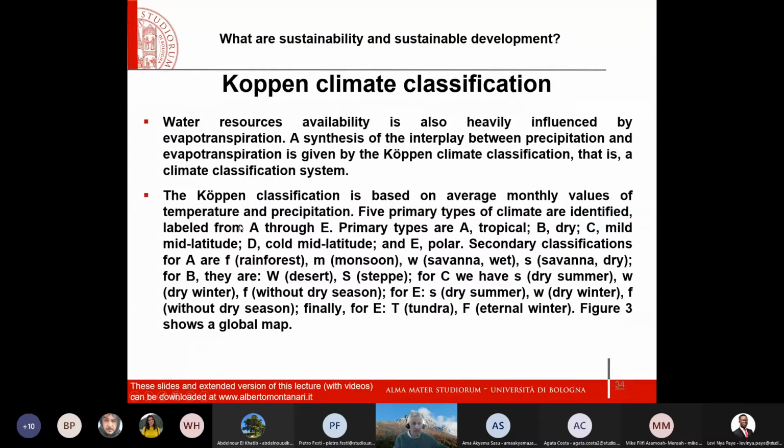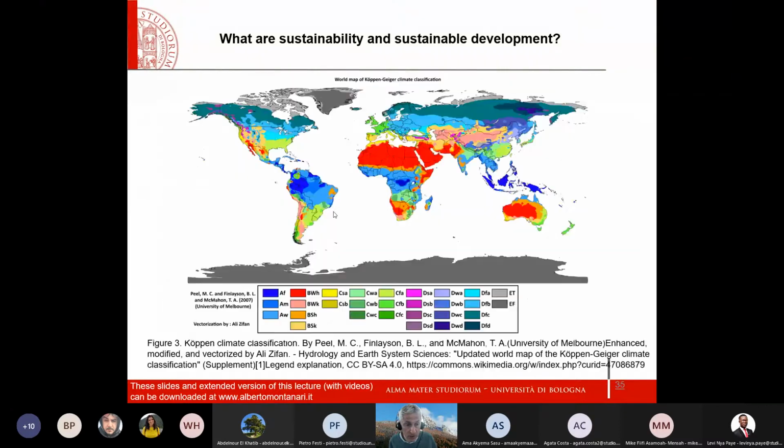Okay, let's talk now about climate classification, which is related to the spatial distribution of rainfall. To give you an overall idea of the spatial distribution of climate over the Earth, let's focus on the Köppen classification, which is given by this picture.